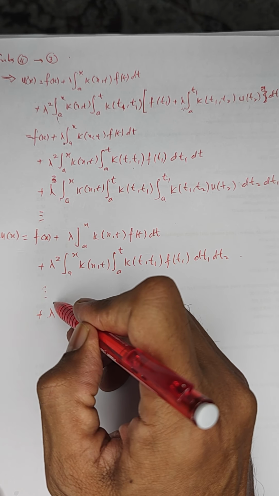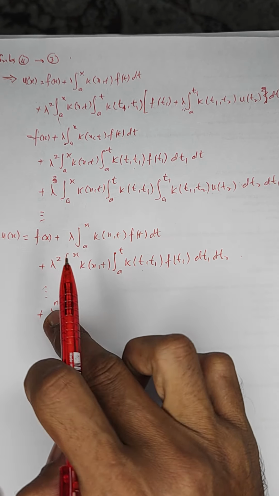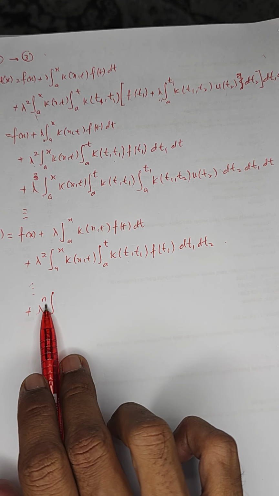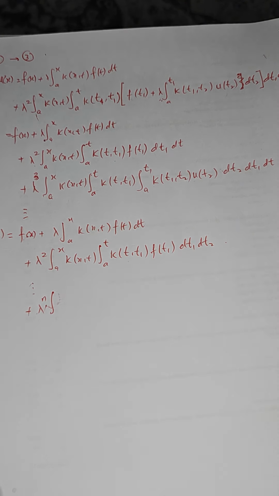We have lambda n in the n-th term. Basically this is term n plus 1, because the first term is f(x).